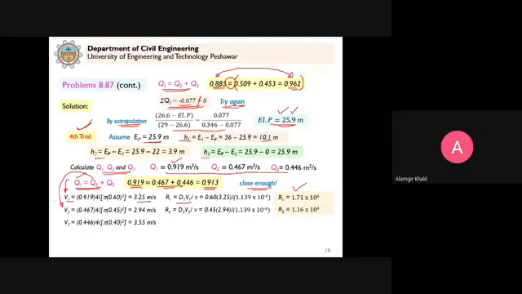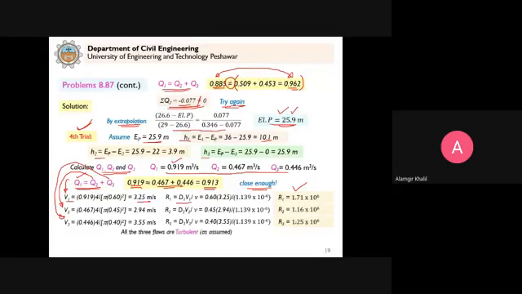Similarly for V3, this Q3 here, we use to calculate V3. And then we calculate R3. So you can see that all the three flows are turbulent as assumed, because the equation that we use to calculate this Q1, Q2 and Q3 says that the flows should be turbulent flows.